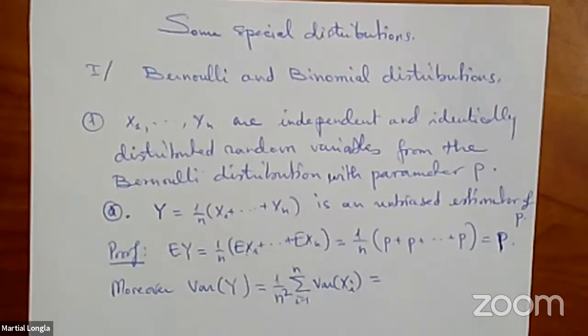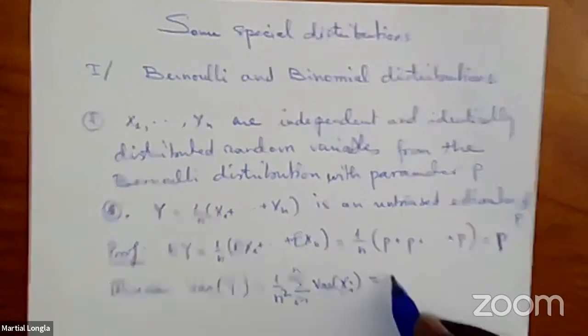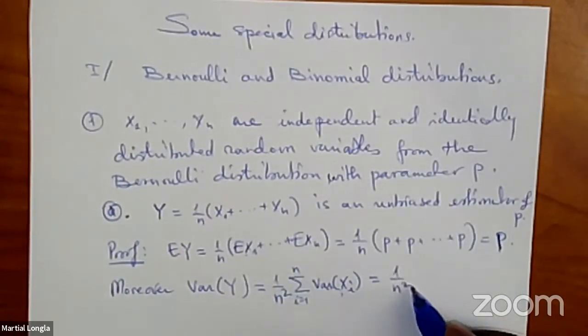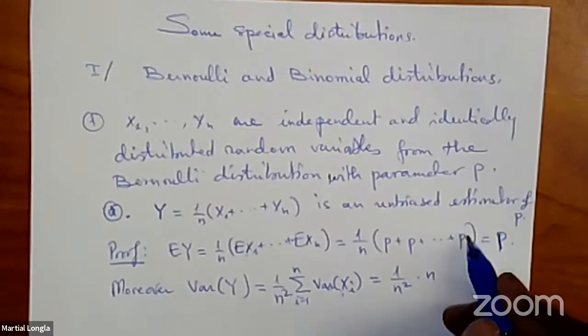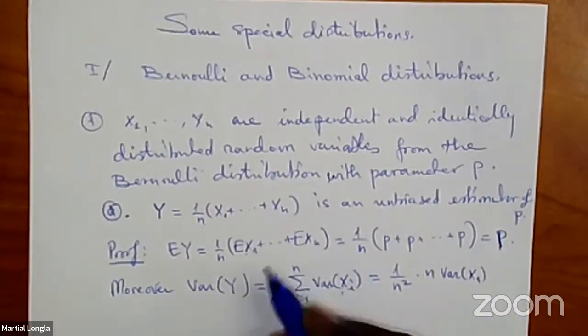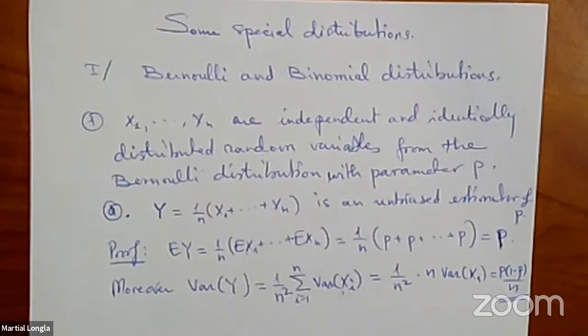And we have proved already that the variance of each is p times 1 minus p. So that's 1 over n squared times n times the variance of x1, because they all have the same variance, which is equal to p times 1 minus p over n. So this is the variance of that estimator.